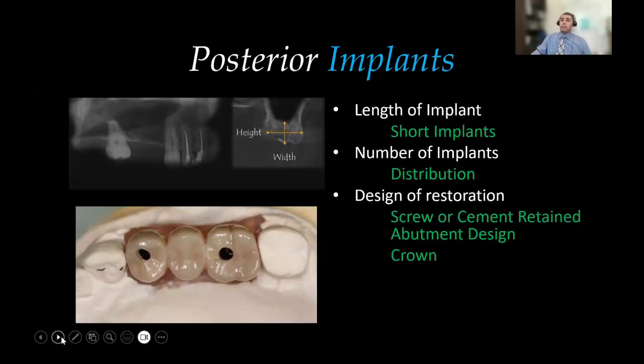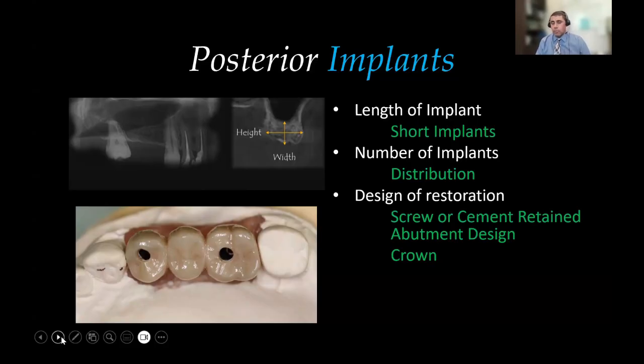So posterior implants, again, can we use short implants? How does that affect the outcome? What's the ideal implant height that we would like to have? How does that affect the distribution, the number of implants that we would like to place to achieve very good functional outcome long term? And how does that affect also the design of the restoration, going from cement retained to screw retained?